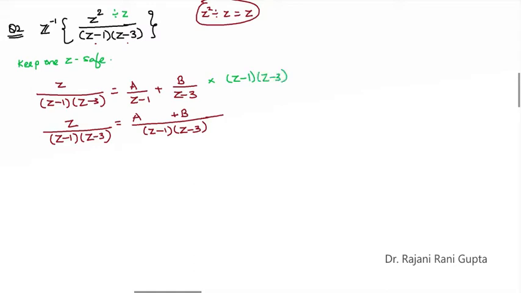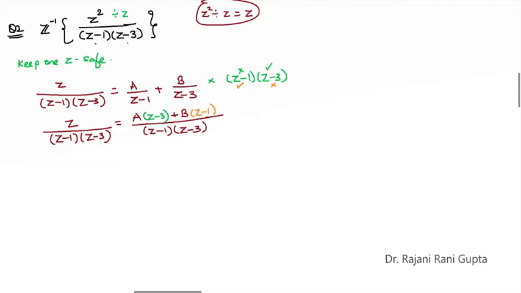When I multiply A over Z minus 1 with Z minus 1, this term gets cancelled and we are left with Z minus 3. Similarly, when I multiply Z minus 1, Z minus 3 with the B term, this term gets cancelled and we are left with only Z minus 1.